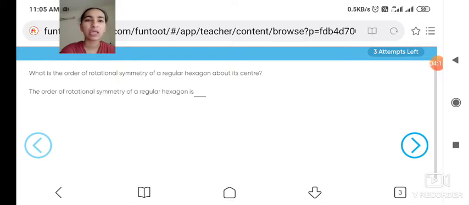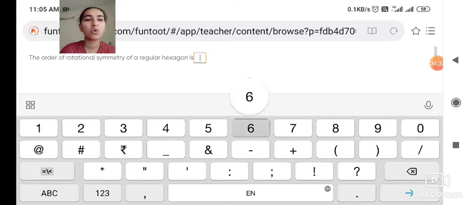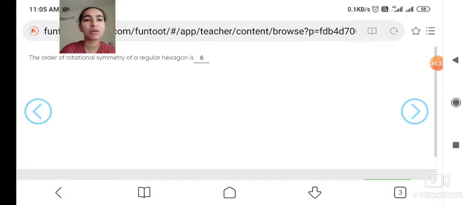If I rotate that about its center, then it has rotational symmetry, and its order will be 6 because 6 times it looks exactly the same.